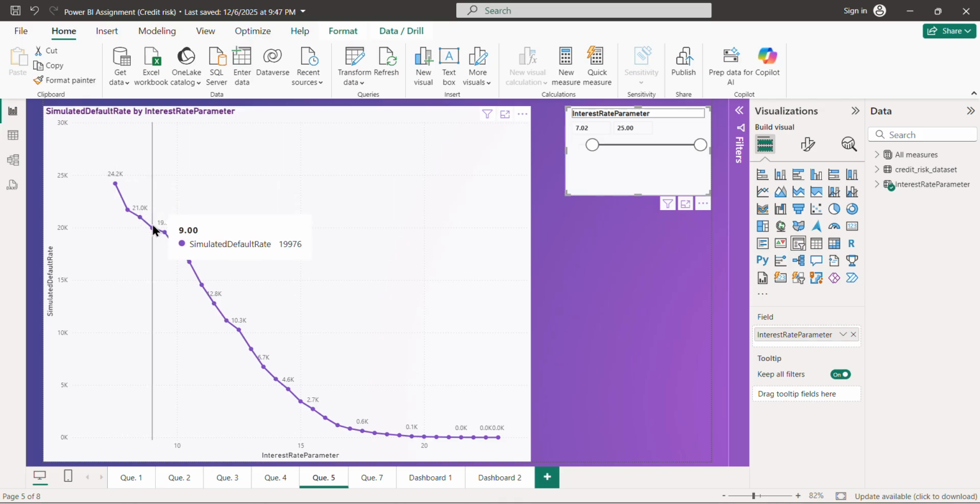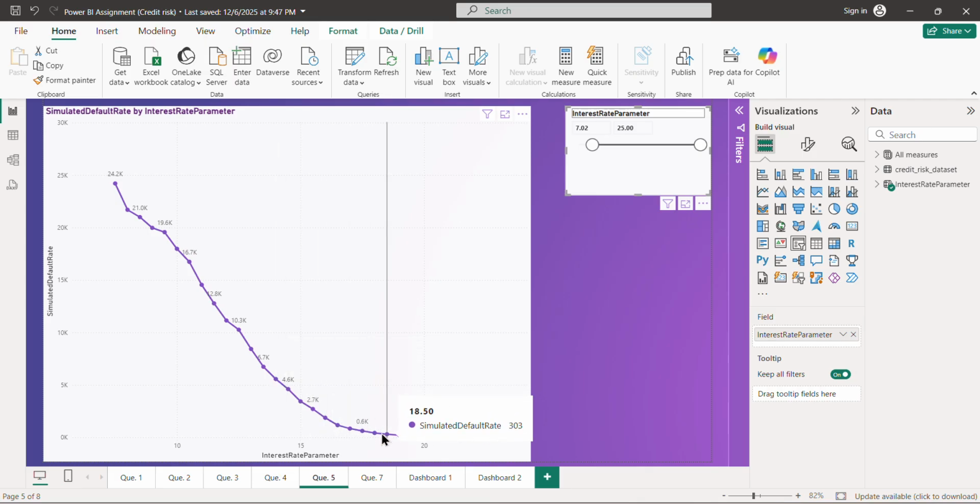So as the interest rate increases, like 10, then 11% and 12%, the default rate decreases.